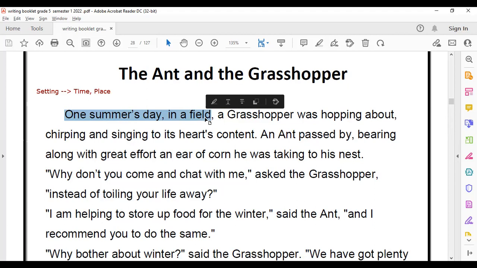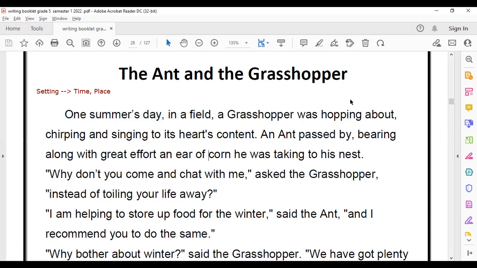So when you start writing, write your setting and characters at the beginning of the story. If you need to add more characters later, it will be fine.